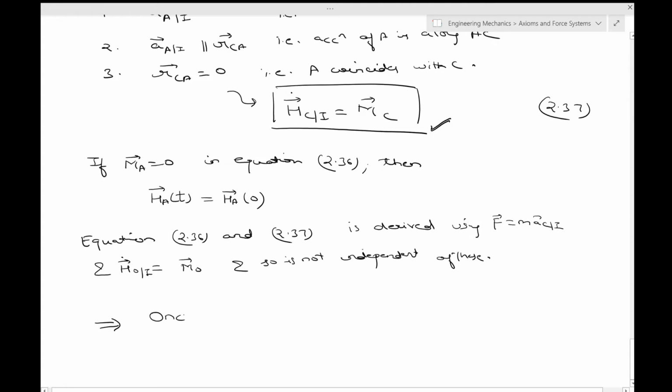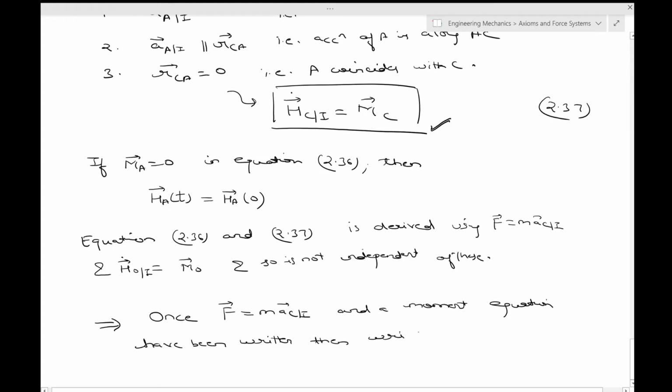So once F is equal to M A_C and a moment equation have been written, then writing another moment equation will not yield an independent equation.